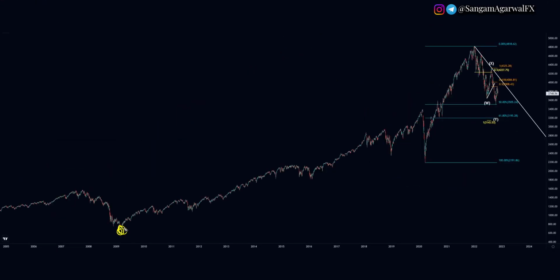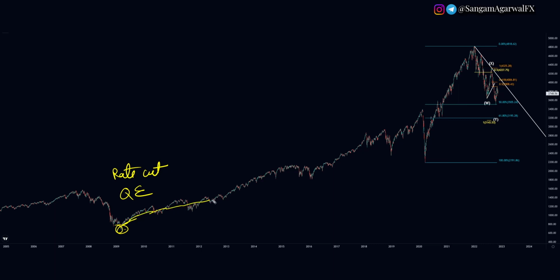And this was the bottom of this bullish trend. When this bottom was made, everything was already done. Rate cut by the Fed, and the main thing was QE monetary policy.